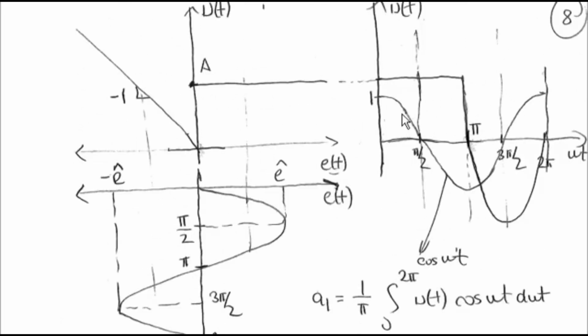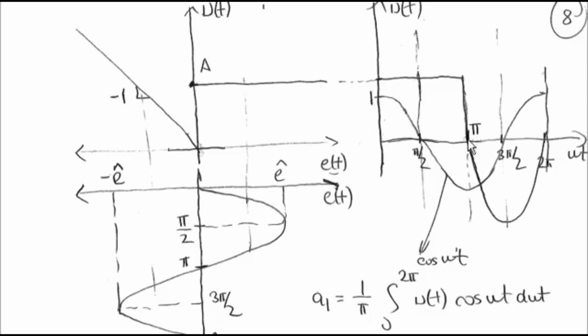And I know that cosine is anti-symmetric with respect to pi over 2, and cosine is anti-symmetric with respect to 3 pi over 2. That means that when I multiply cosine with this u, and if I take the integral, I will get 0 for the integral from 0 to pi.